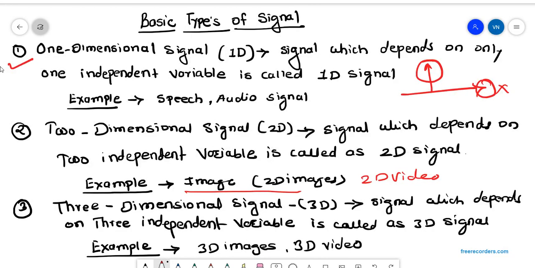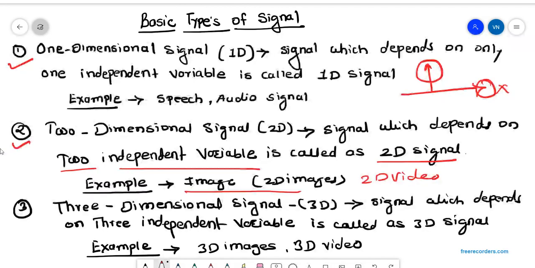The condition is that in that case they have two independent variables. A two-dimensional image is one of the signals, because we are comparing the contrast and brightness in that image. So the signal depends upon two independent variables. That's why we call it a two-dimensional signal.